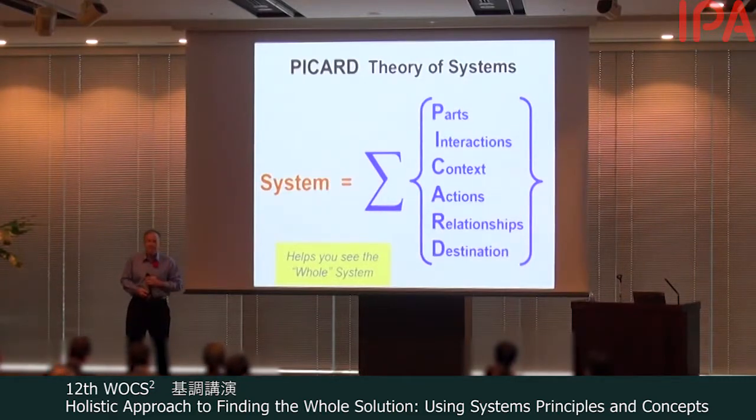So this theory is a theory of how systems work, and it can be a way to help you see the whole system. When I see people working on the system, they're often not working on the whole system. They're working on the thing they're responsible for: my piece of code, my software item, my hardware device. But those things are always part of a system.